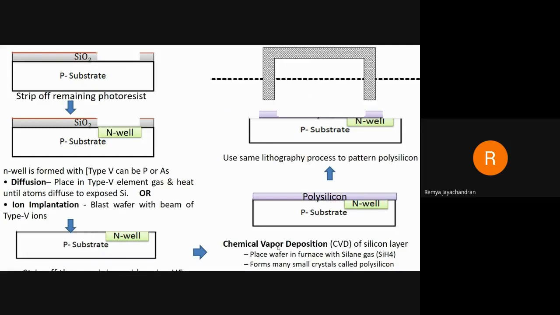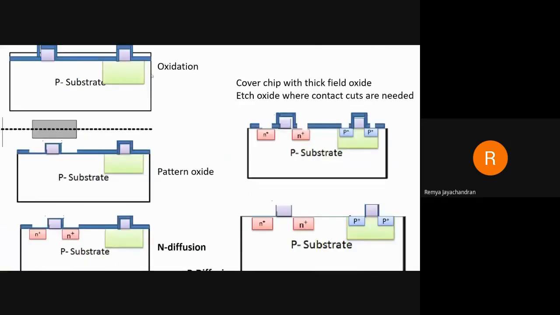And by chemical vapor deposition of the silicon layer, we can create this one. Then the polysilicon is deposited over that. Then again patterning it, so that it will create the gate regions. Then again oxidation. Then pattern it. This is a mask.